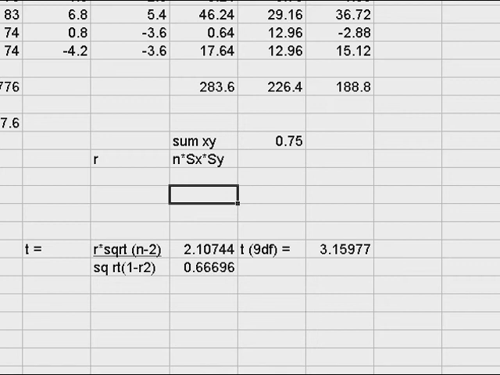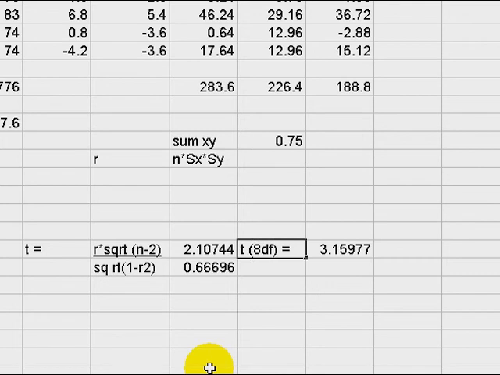So, in calculating this out, we come up with 2.10 divided by 0.66696. And what you do is you use the degrees of freedom of, this actually should be n minus 2 degrees of freedom. So this should be 8 degrees of freedom. So we have t with 8 degrees of freedom.